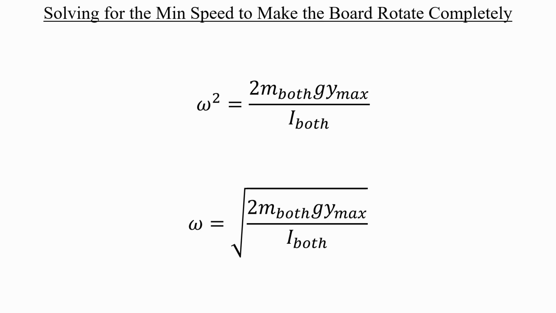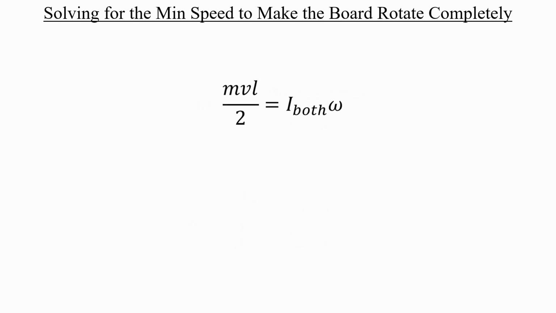We're going to use this with something we figured out back in part A, which said that the magnitude of the bullet's angular momentum is equal to I omega. Since we're trying to figure out a new velocity in this part, we will divide both sides by mL and multiply both sides by 2, which isolates v over on the left-hand side.